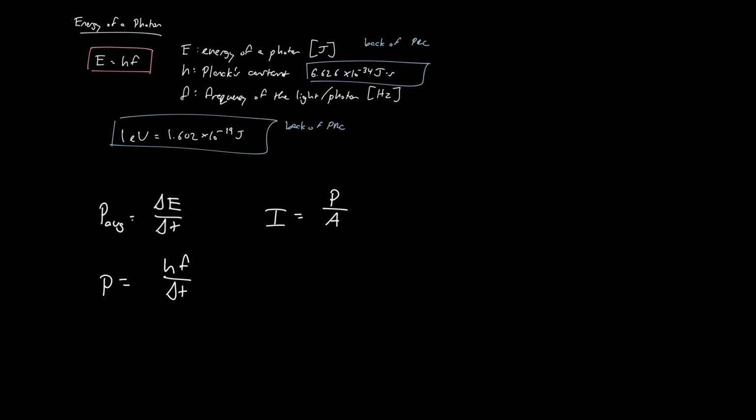And we also know that the speed of light is lambda f, so wavelength times frequency. So frequency equals speed of light divided by wavelength. And so we can substitute this expression in here. We might say that power is hc over lambda, over delta t.